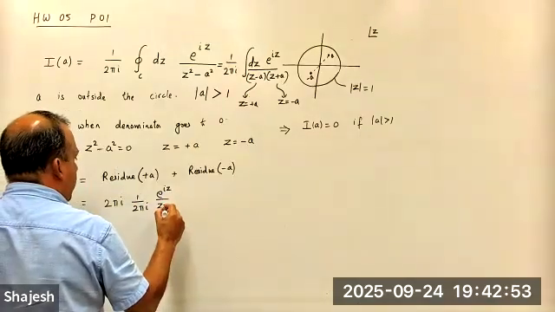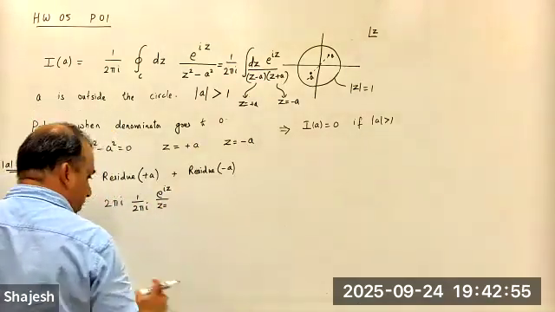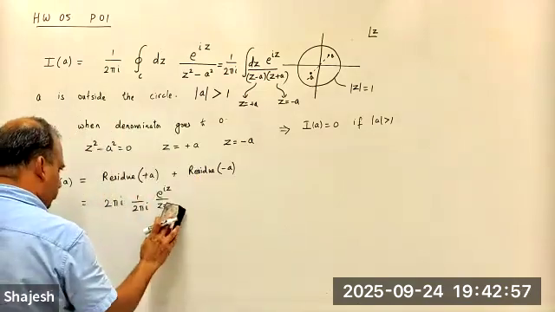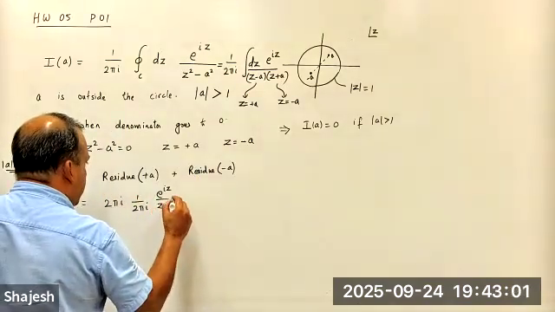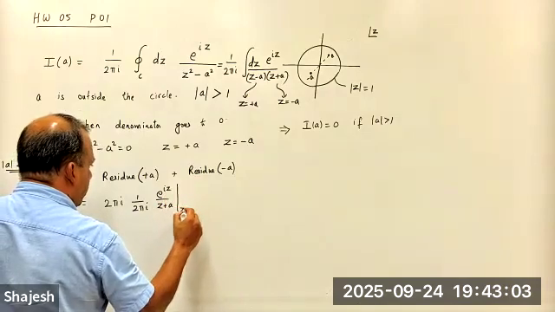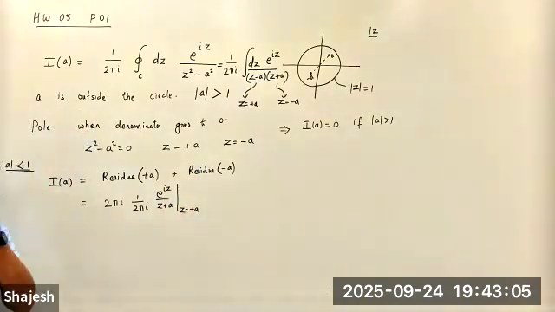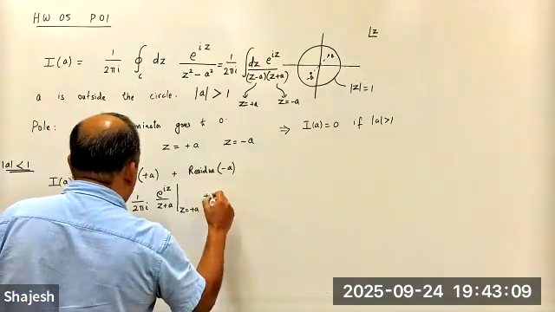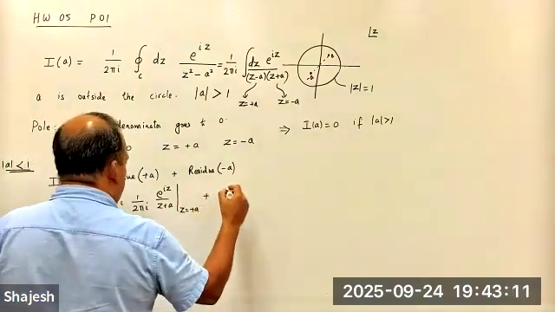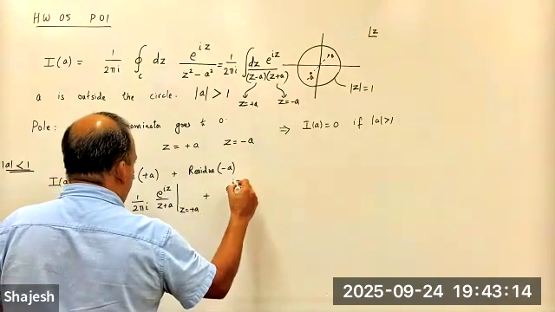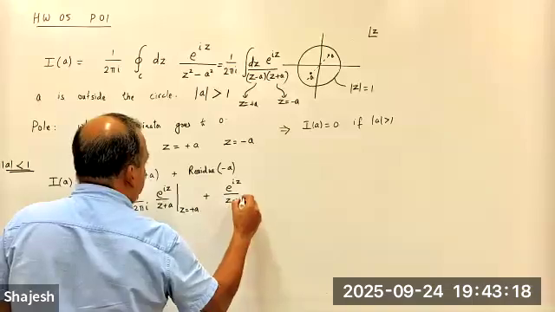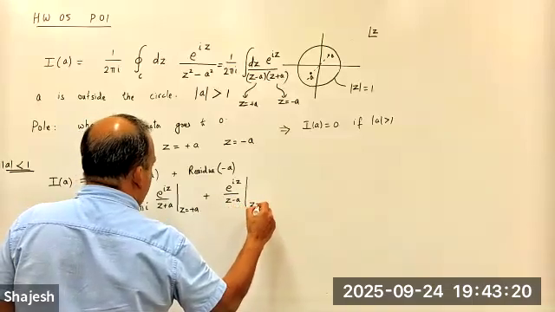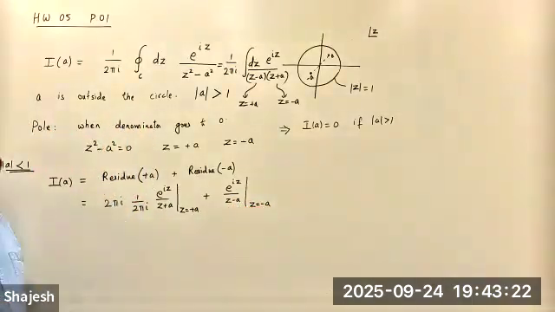So that's z plus A, evaluated at z equal to plus A. That's the pole from the first one, and do the same thing for the second. 2 pi I cancels out, and it is e raised to Iz, this time z minus A. Evaluate it at z equal to minus A. Is that clear?